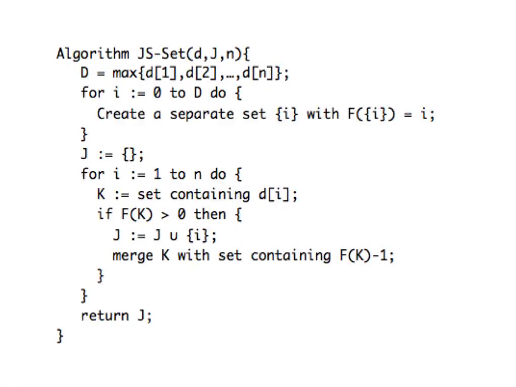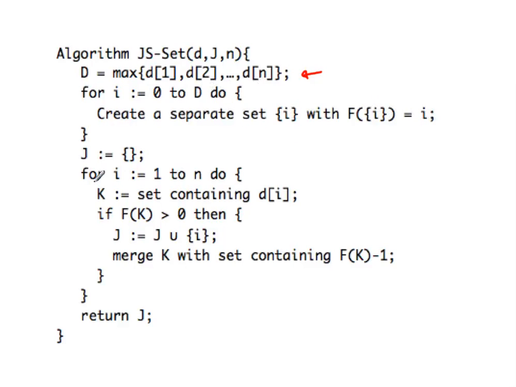So we can now write out pseudocode for this version of the job scheduling algorithm as follows. We start by computing the maximum deadline among all of the deadlines in the jobs. Remember, these are now ordered in descending order of profit, so we can't assume the last job has the highest deadline. So we take the maximum deadline, and then for each of the slots from 0 to this maximum deadline, we create a separate set i with f of i equal to i.